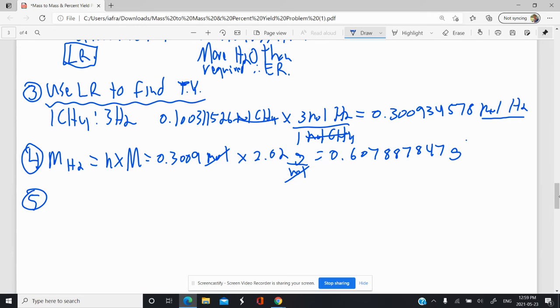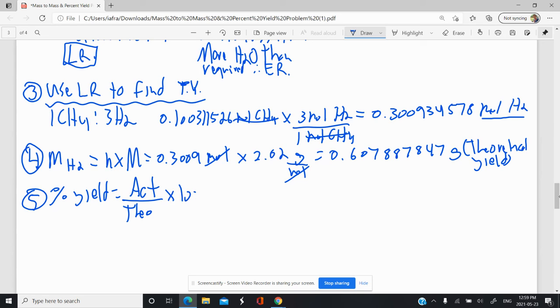So let's just mark down that this is the theoretical yield. So our percent yield is going to be the actual over the theoretical times 100%. And so we have 0.50 grams over the 0.6078, so on and so forth grams.